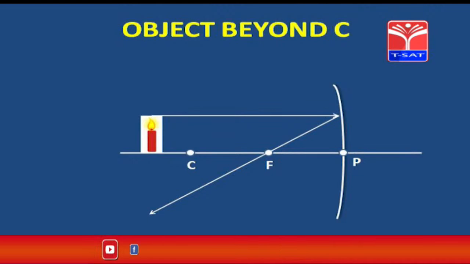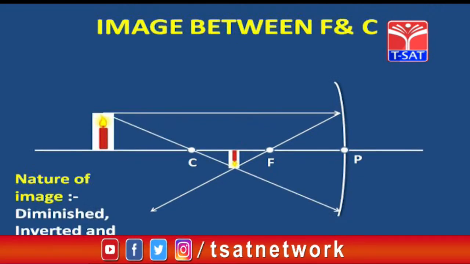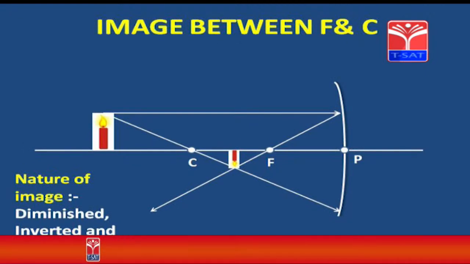A ray passing through the center of curvature will retrace its path. It will be reflected in the same direction. So, where the rays are meeting, the image is formed at that place.